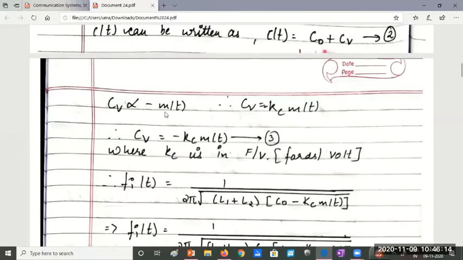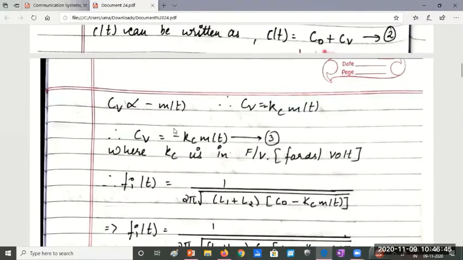So I'll take the negative of the message. The capacitance will decrease when the message increases, and the capacitance will increase when the message decreases. So it is proportional to the negative of the message, and if I remove the proportionality symbol and put equal to, I have to introduce a constant of proportionality Kc. So Cv is equal to minus Kc m of t.